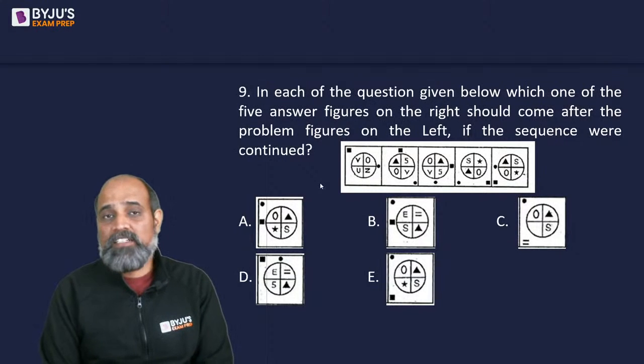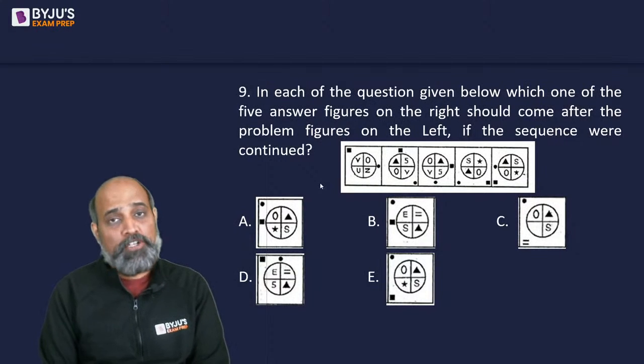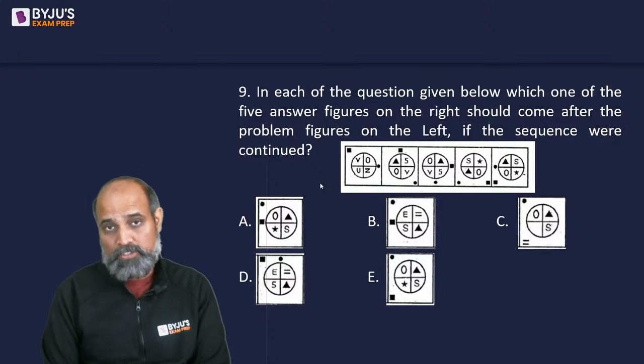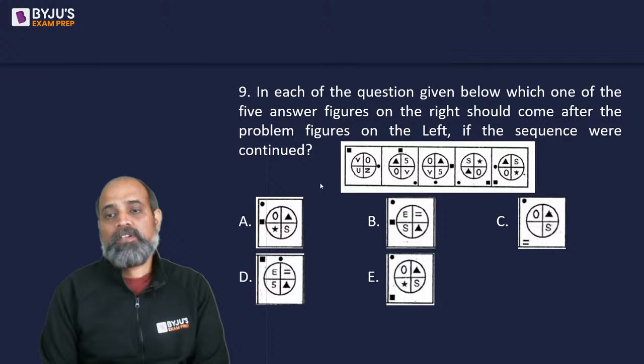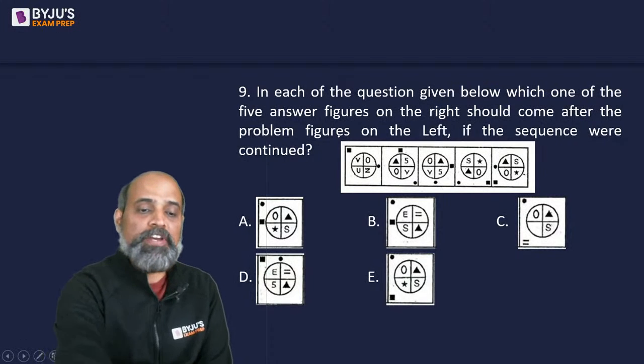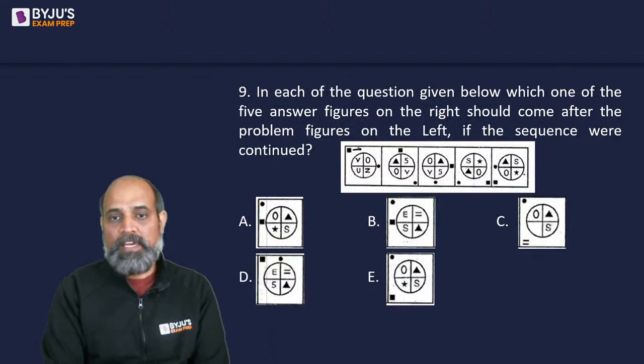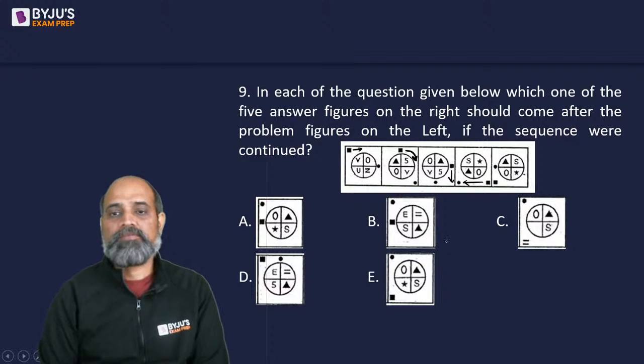So we have letters, we have a circle at the center, we have a dot, then we have a square that is also moving around. So if we happen to follow the square, it is moving one space and then it goes here, it moves here, then it goes here.